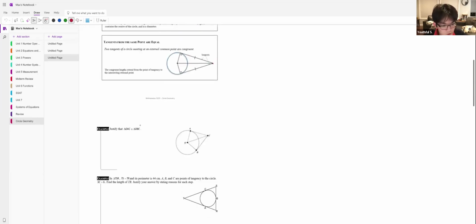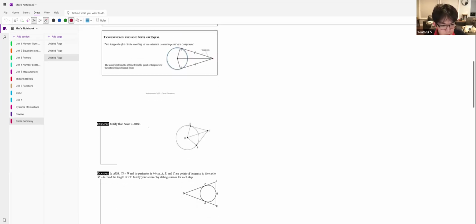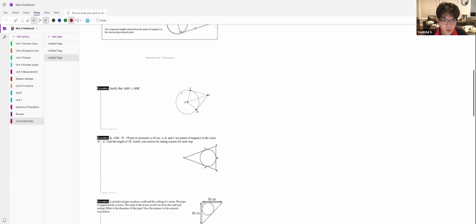Justify that angle AOC is congruent to angle OBC. So these three lines mean congruent. All right. So we have AOC and OBC, sorry, OBCD. So you have this angle here and this angle here.